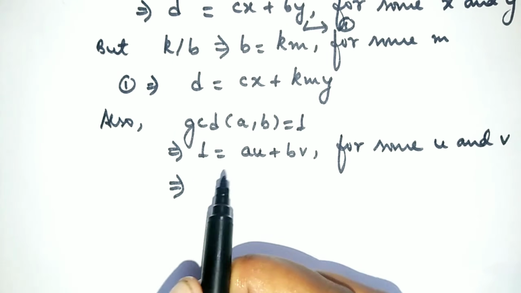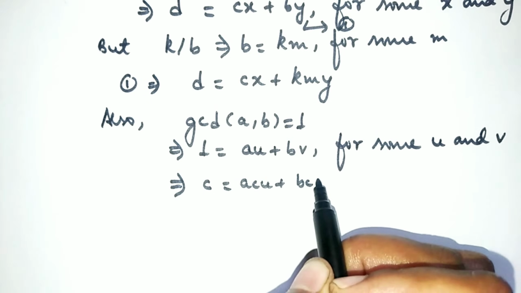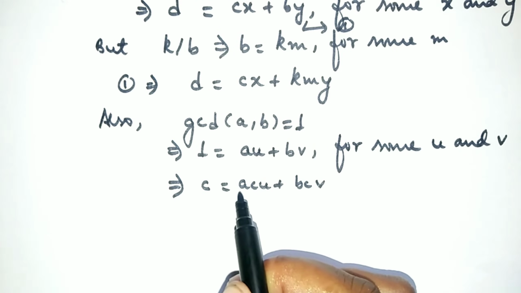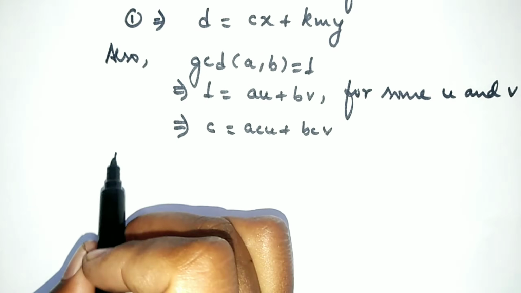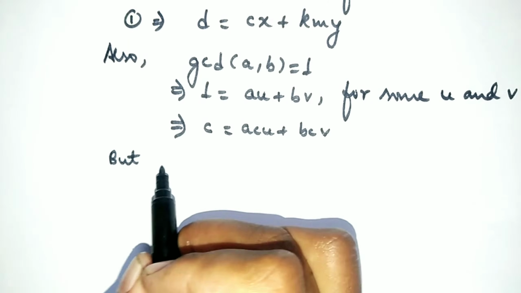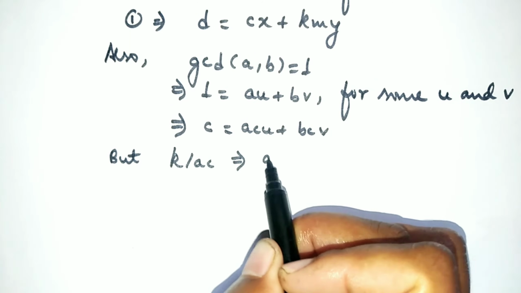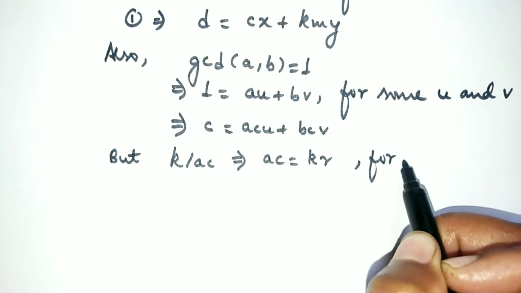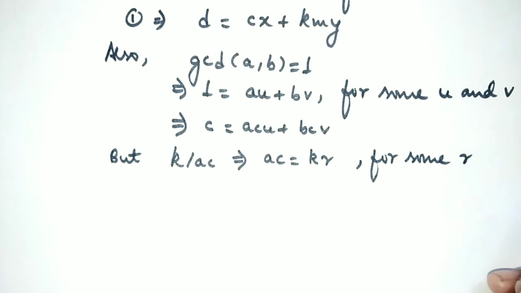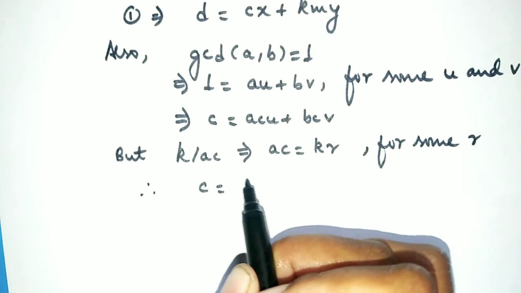Okay, now I can multiply on both sides by C. The reason that I'm multiplying by C is because I want to make use of this. But K divides AC. So it implies that AC is equal to K times R for some R, okay? So therefore, what would be your C?